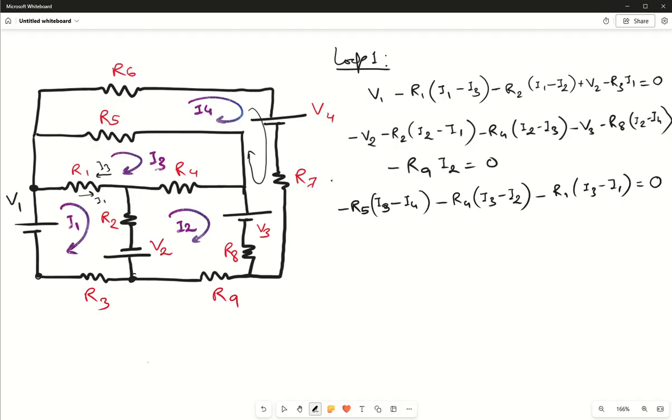So next let us write for, this is loop 2, this is loop 3, so last one loop 4. So let us write for loop 4. For loop 4 let us consider, again we are considering this point.